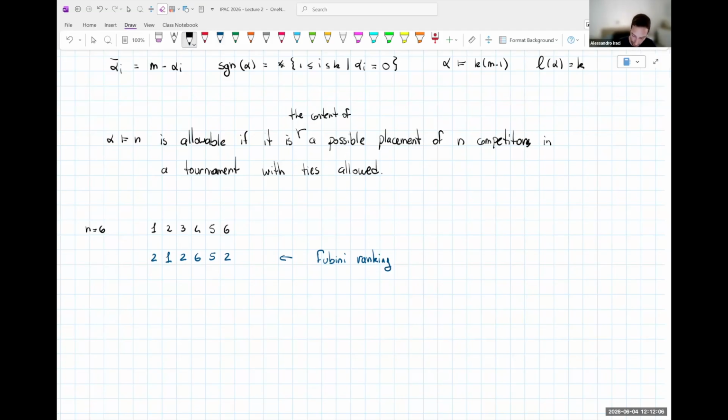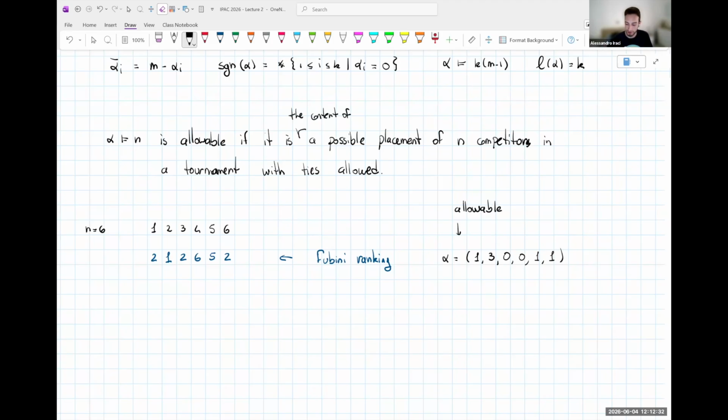And the content of this is how many people we have in each placement. So in this case, we have 1 person in first place, 3 people in second place, no one in third and fourth place, 1 person in fifth place, 1 person in sixth place. So this is allowable.